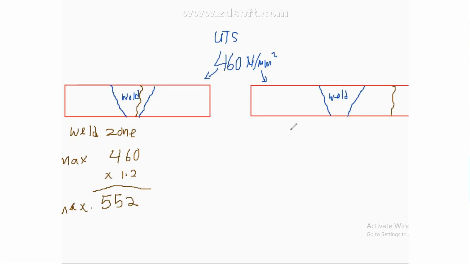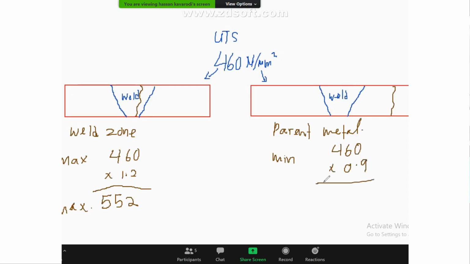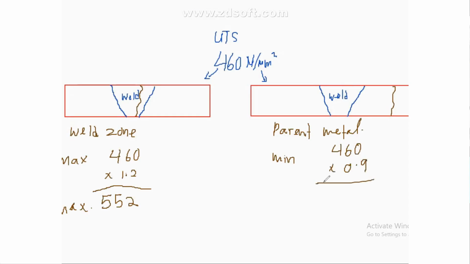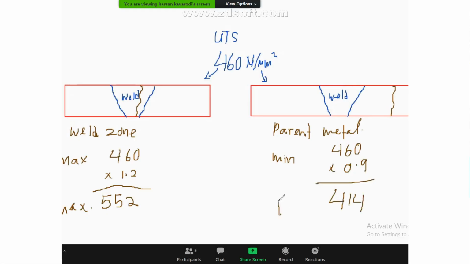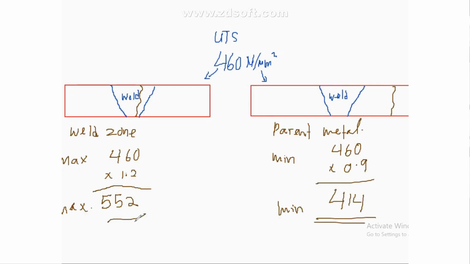If it breaks in the parent metal, the minimum required is 90%. So 460 times 0.9, we got 414. So that is the minimum. The minimum value is 414 for parent metal break and 552 for weld zone.